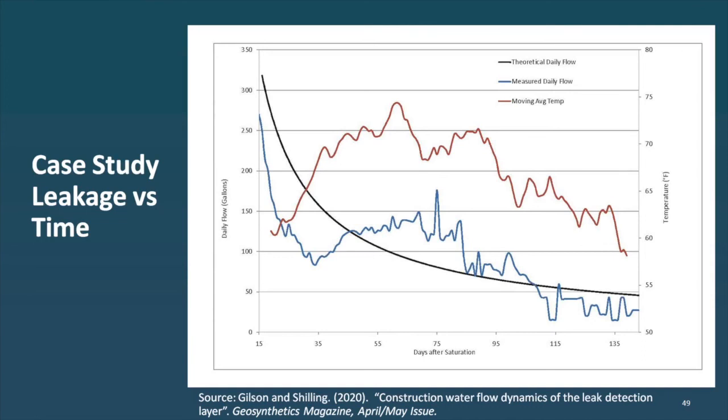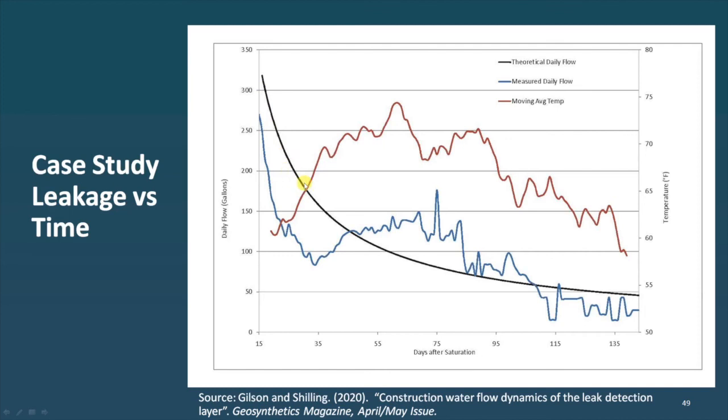When the yield of the material is changing every day, like that curve we saw on the previous slide, you end up with a leakage that looks like this black line here. The leakage will be high at the beginning and it will steadily drop, but then it will drop slower and slower as time goes on. This blue line is the measured daily flow from the leak detection layer from the case study site.